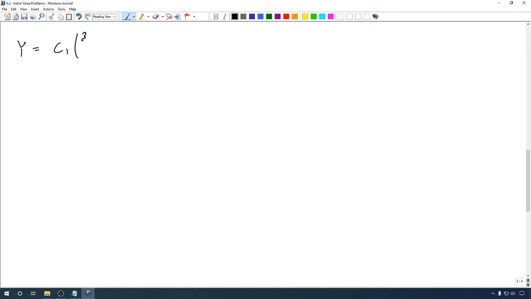So we have c1 times our first eigenvector, 3, 2, 1, plus c2 e to the t, since lambda 2 is 1, times our second eigenvector x2, which is 6, 3, 1. Then c3 times e to the lambda 3, which is negative 1, so we have e to the negative t, times x3, which is 2, 1, 1.